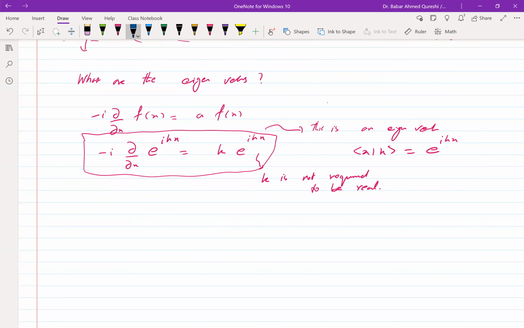For example, you can check e to the kappa x, where kappa is real, gives you, so this is an eigenvector, but with a complex eigenvalue.